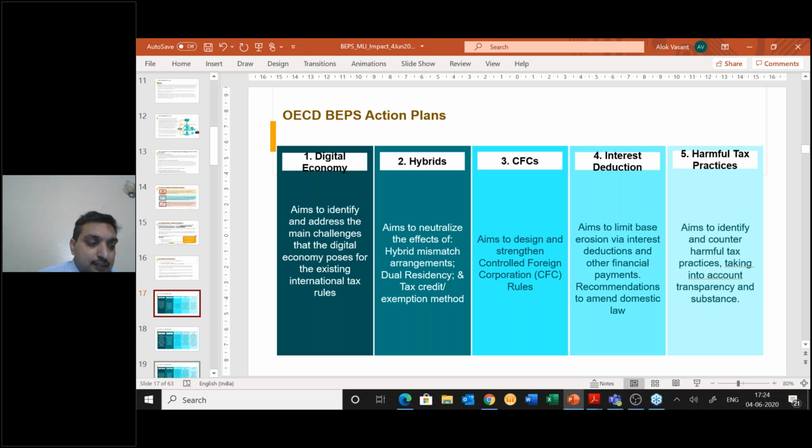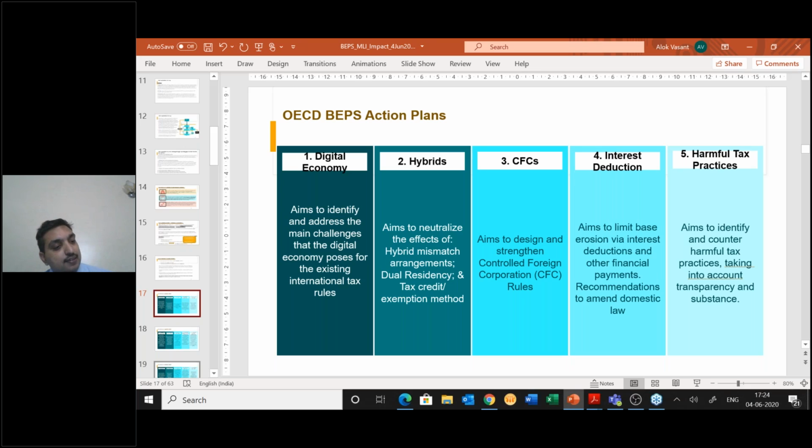This action plan did not recommend a change in the tax treaties per se, but they recommended that domestic laws could be amended. But the work on this action plan is still work in progress. They haven't come up with the final recommendations as such.